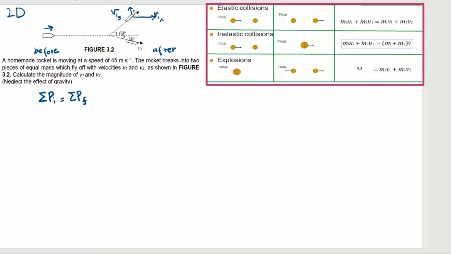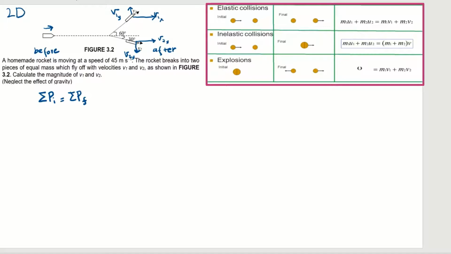And v2 also can be resolved: v2x and v2y, as you see the vector here.